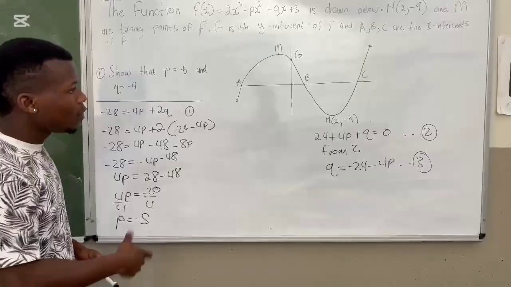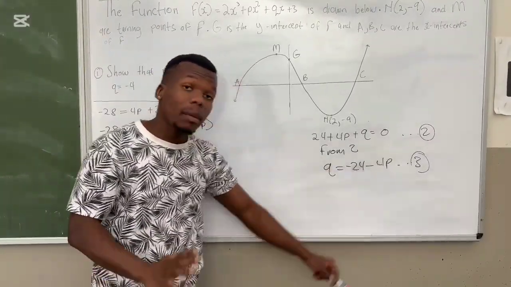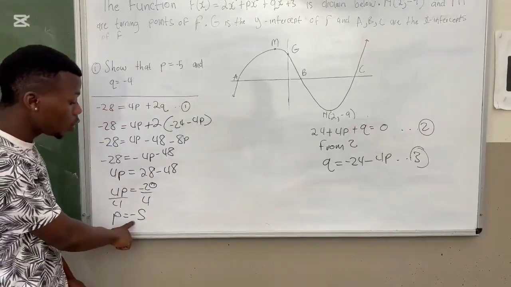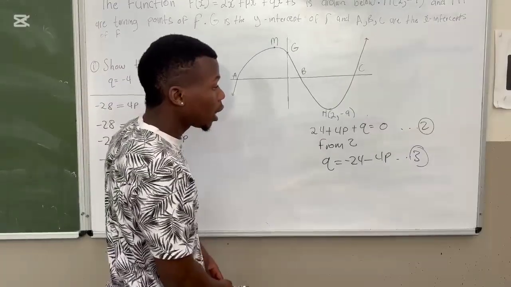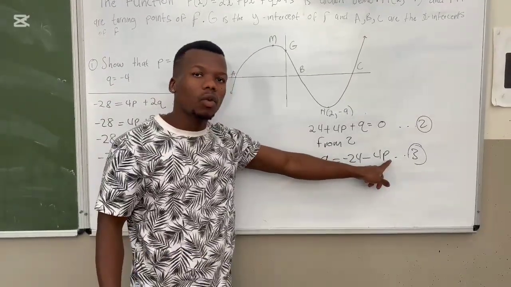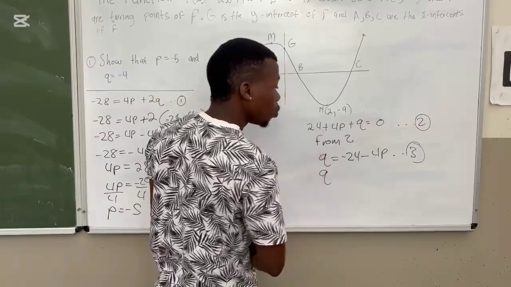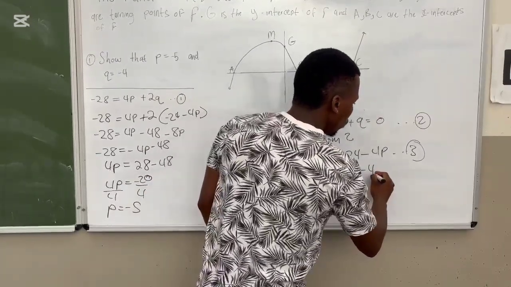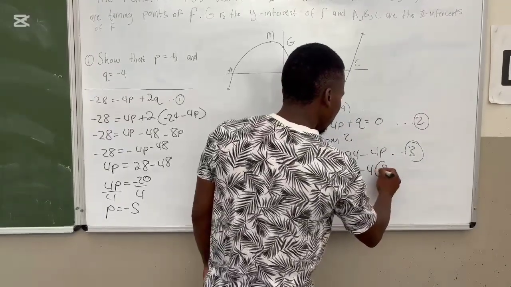And then I need to go and find the value of q. The value of q, remember, depends on the value of p by equation number 3. But we already found the value of p, which is minus 5. In other words, I'm going to my equation 3 and substitute negative 5 where I see p, in order for me to solve the value of q. This is going to be q is equal to minus 24 minus 4 multiplied by minus 5.